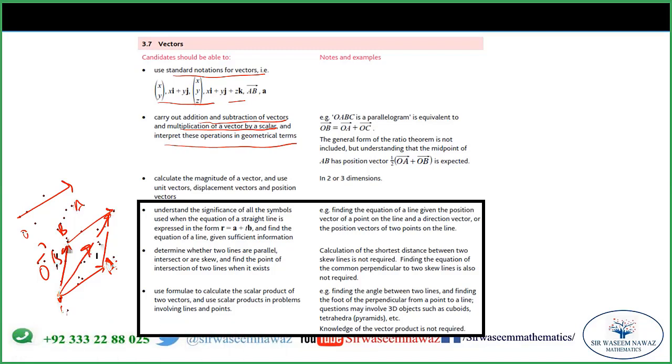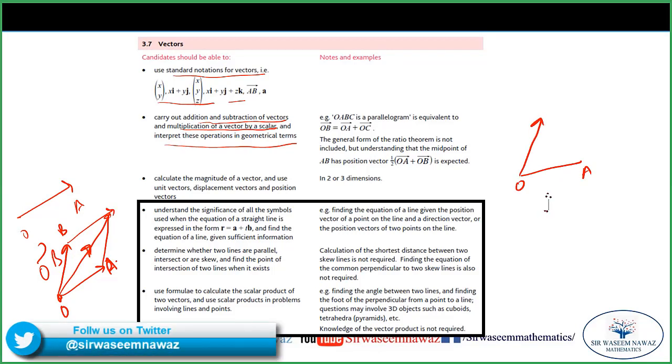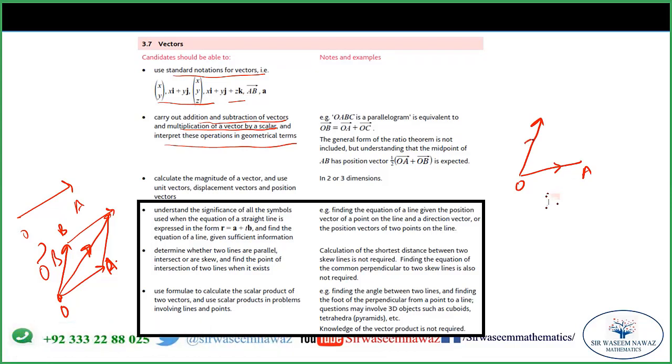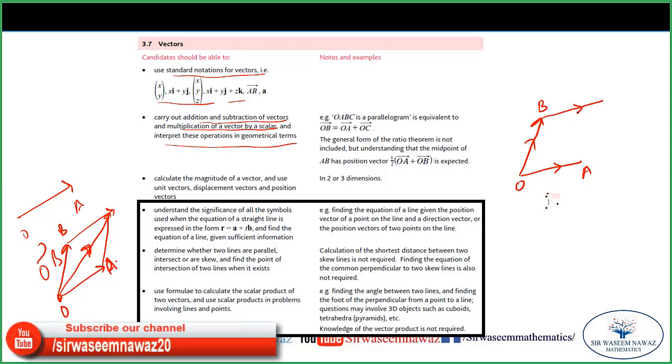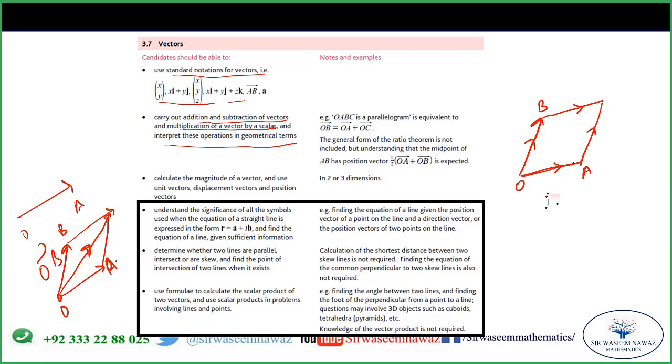Similarly, if I am subtracting, this is your OA vector, this is your OB vector. Again, we have the parallelogram law. AO plus OB will give you this diagonal vector. When you subtract them, it will give you another diagonal vector.